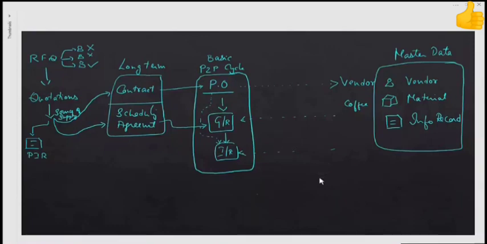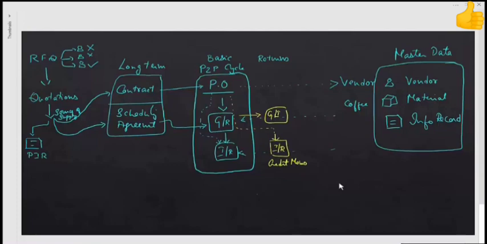Now we also know what happens to the basic P2P cycle after we have completed the process. Now there could be returns whereby we return the goods to the vendor using a goods issue and we create a credit memo, right? This is created with reference to the PO, right?